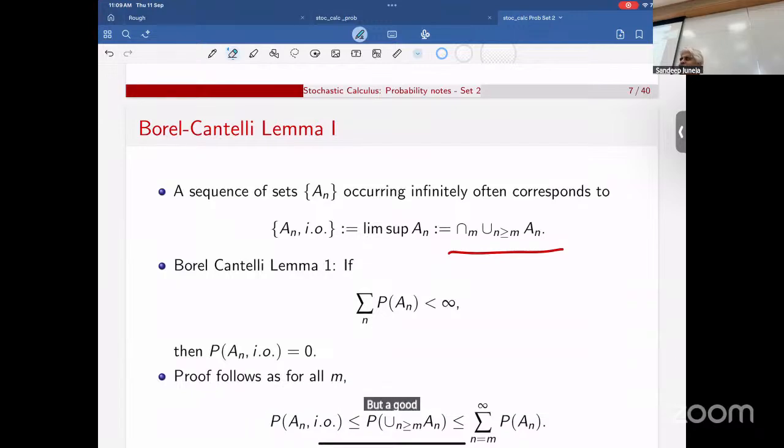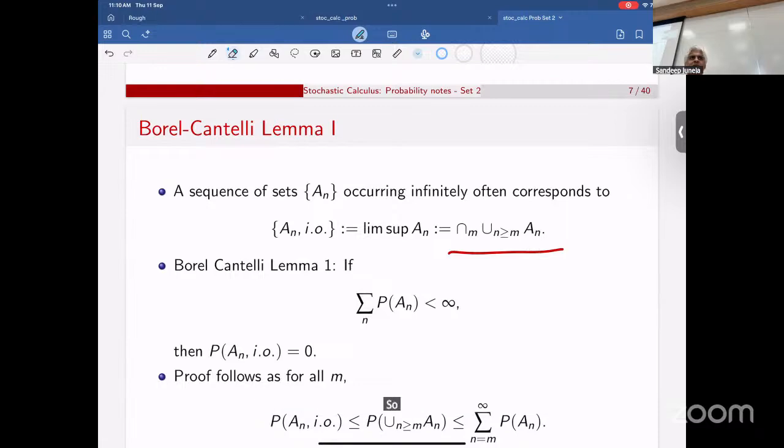A good way to understand this is that something is occurring infinitely often if no matter how far I go, there's still some set which contains it. If something is occurring finitely often, after a while it will not occur. It's a very clean way of thinking about this, right? No matter how large my m is, this omega belongs to this collection if it belongs to some A_n with n bigger than that m.